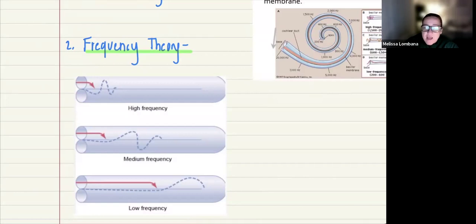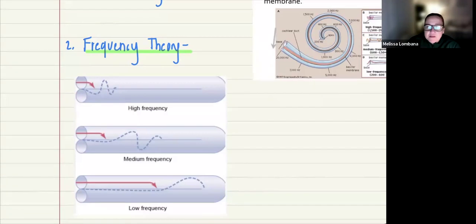So if a sound wave has a frequency of 100 waves per second, then 100 pulses per second travel up the auditory nerve to determine the frequency of the sound wave, okay?